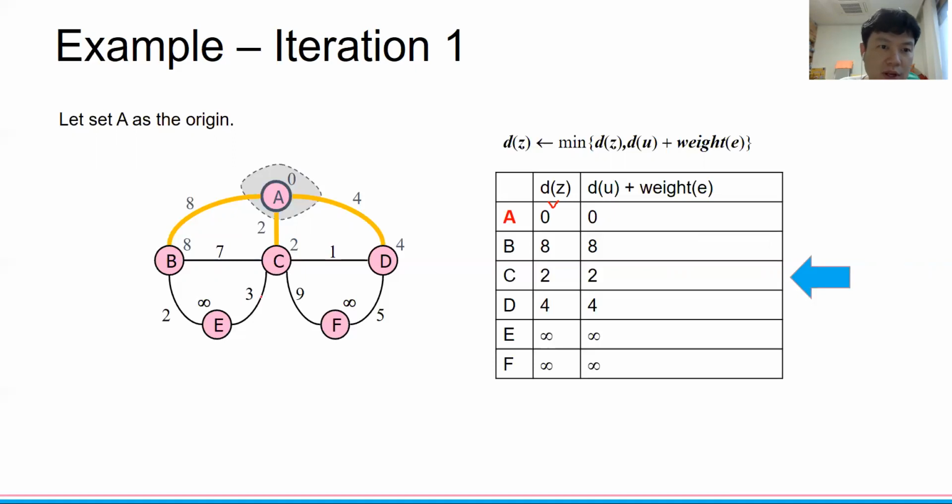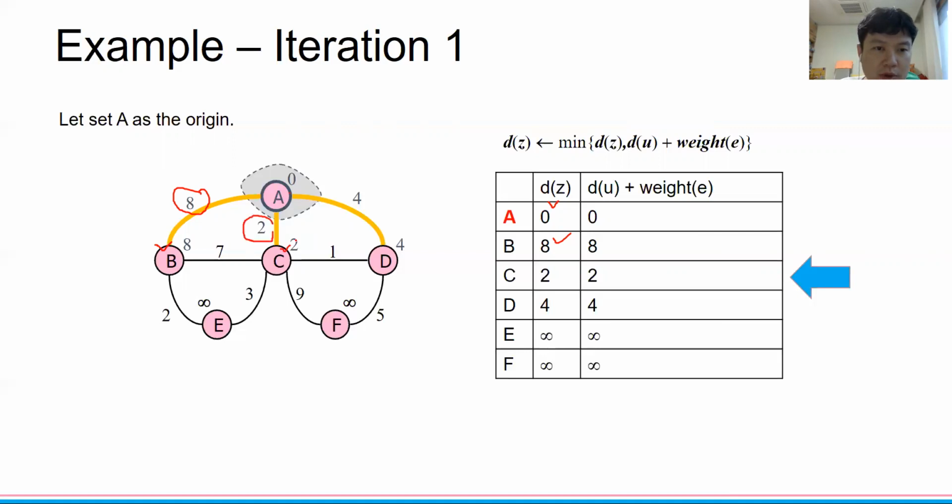So d(A) will be 0, and if I go from A to B, we have the distance 8, because the weight of this edge is 8. And then if I go to C, it will be 2.